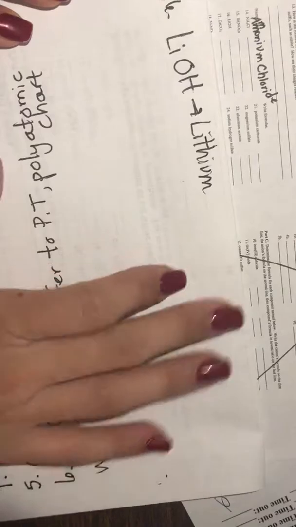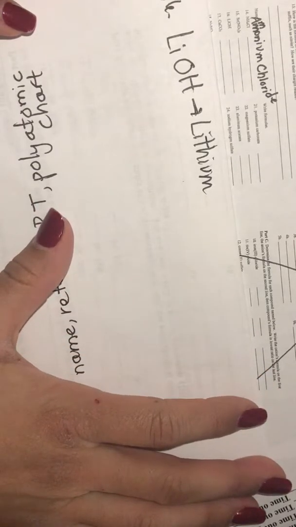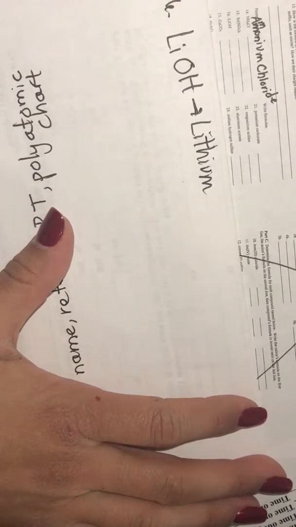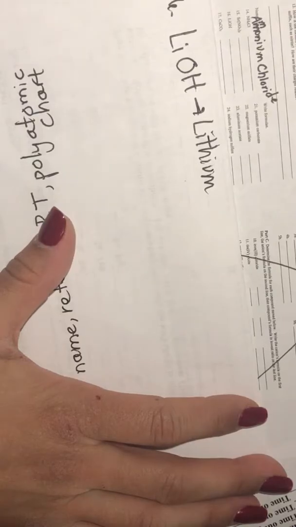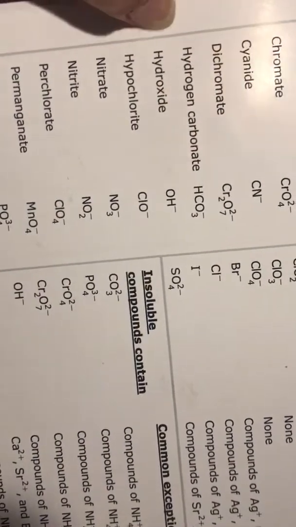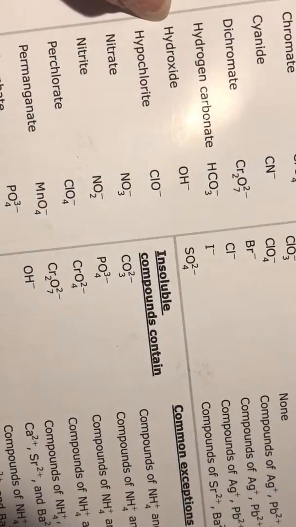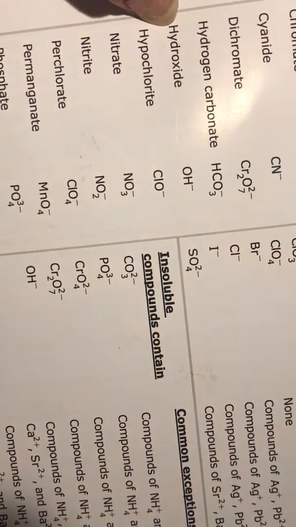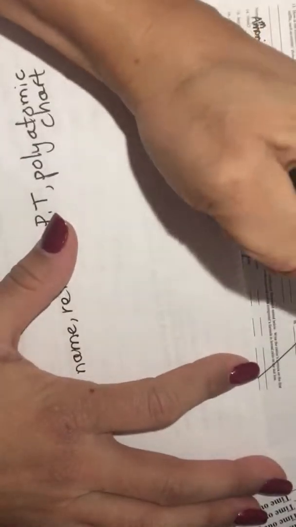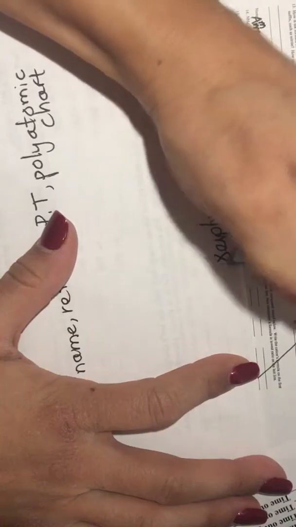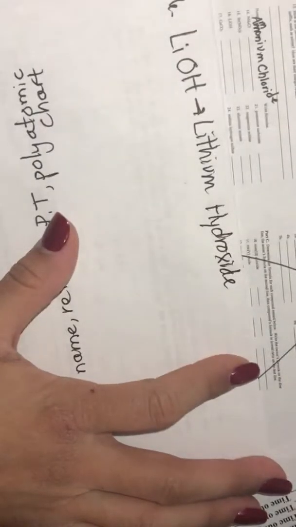And OH, we already did this before. It's on the polyatomic ion side. OH is right here. So it's hydroxide. And that's the answer.